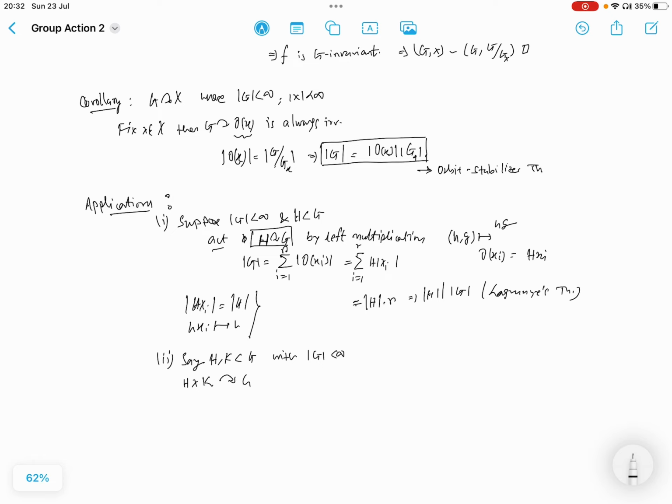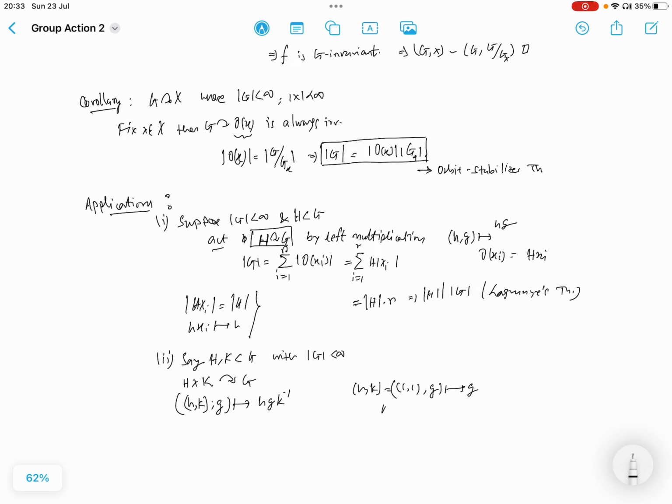Take G as a set again, like the last situation. So any such (h, k) and g will go to this. Firstly, this is an action that is not very obvious, like the last ones. You actually need to check whether the two properties of the action are satisfied or not. But again, if you take (h, k) to be the identity, that will take this element g to g.